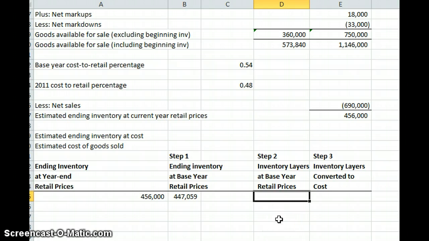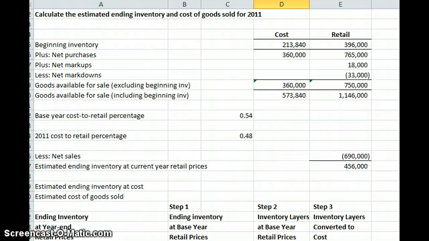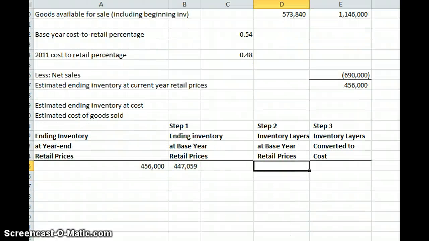Okay, so then we want to calculate our inventory layers at base year retail prices. So our base is, again, up here, going to be our 396. And then we need to convert that to our cost.